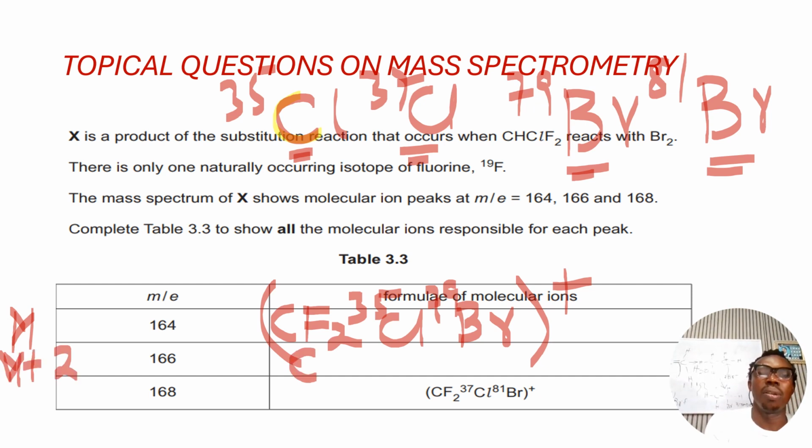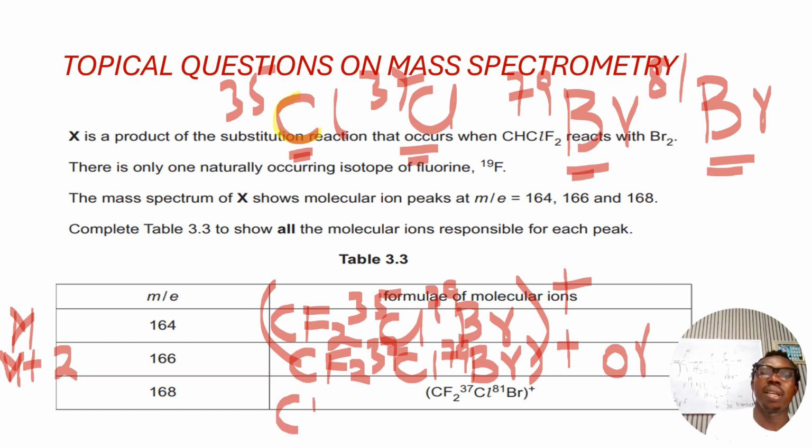It will now be chlorine, carbon, CF2, chlorine 37, and bromine 79, or CF2, chlorine 35, bromine 81.